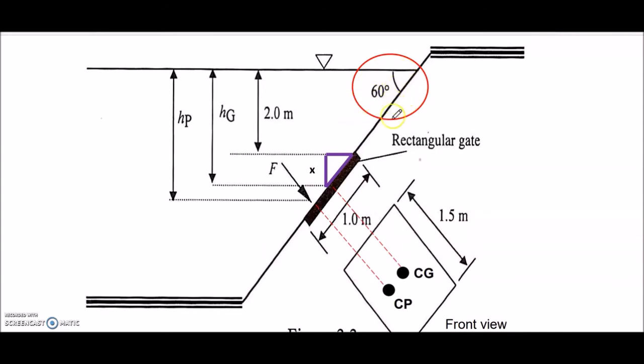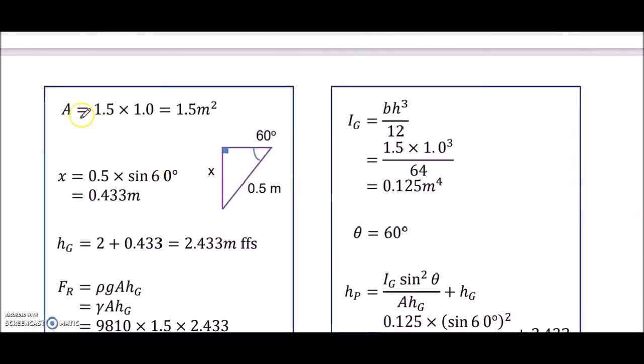We are given the 60 degree angle, right? So the gate was tilted by 60 degrees, and then you need to calculate the area. As we can see, the area is the width times the depth, so we get 1.5 meter square.